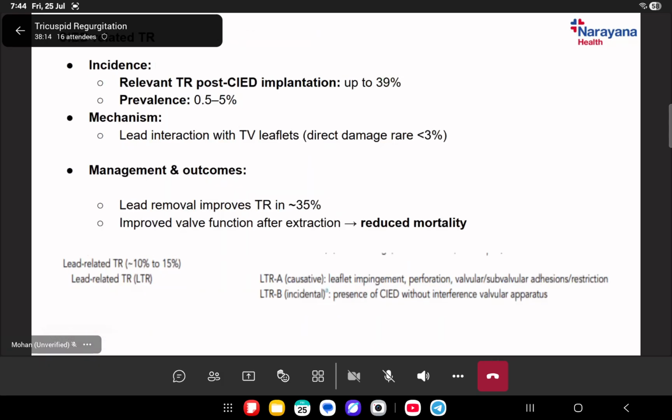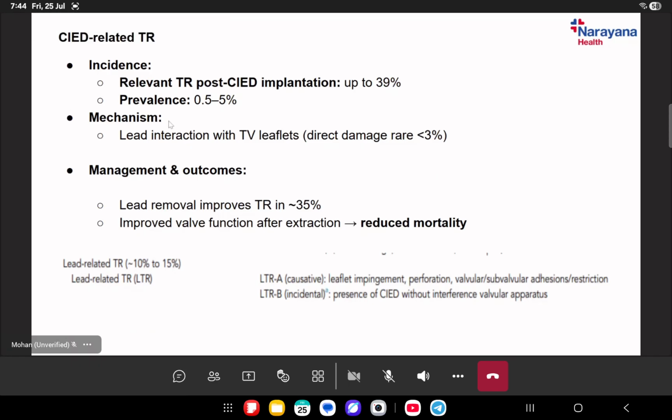For cardiac implantable electronic device related TR, the prevalence is only around 0.5 to 5%. In CIED implantation cases, up to 39% will have some TR which is relevant to the TR pathogenesis. The mechanism is lead interaction with the tricuspid valve leaflets.